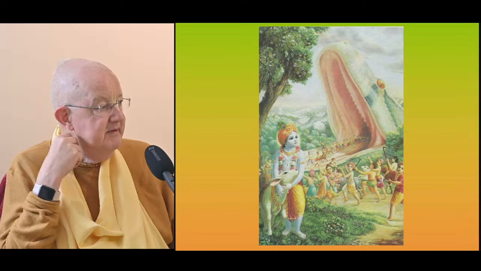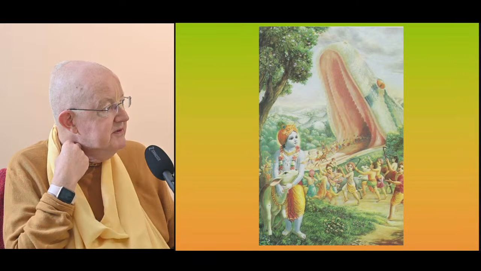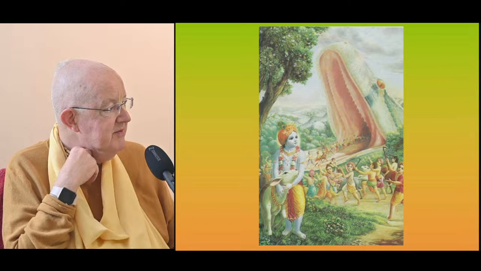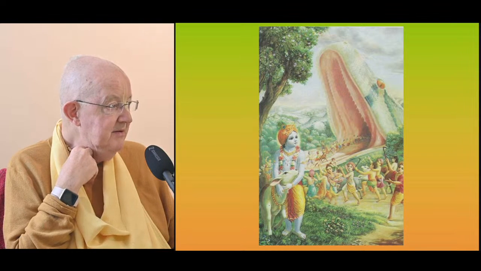The Agasura demon is in the painting here. He's a giant serpent, 12 miles long, who was in the path that they would follow. And his plan was to kill Krishna.